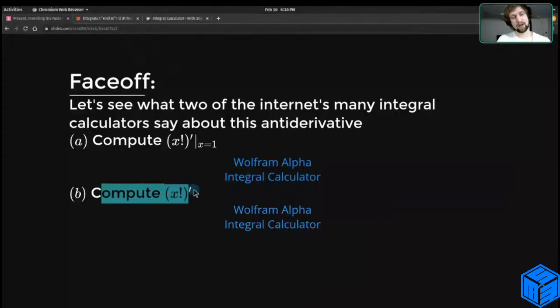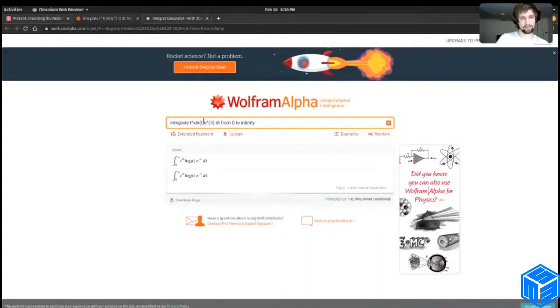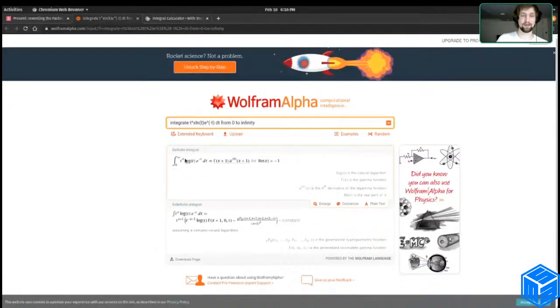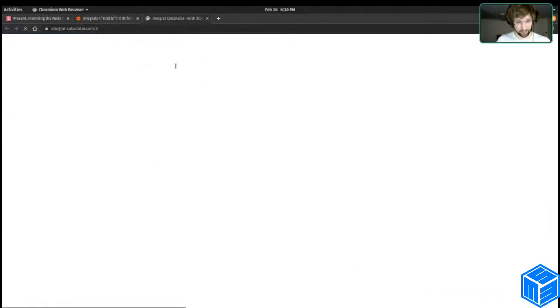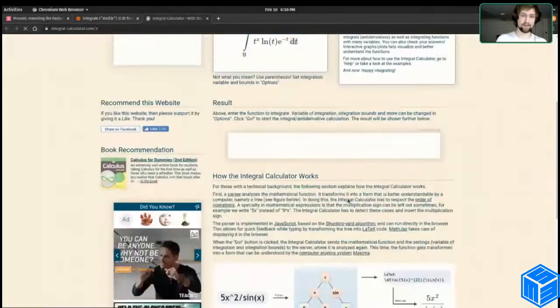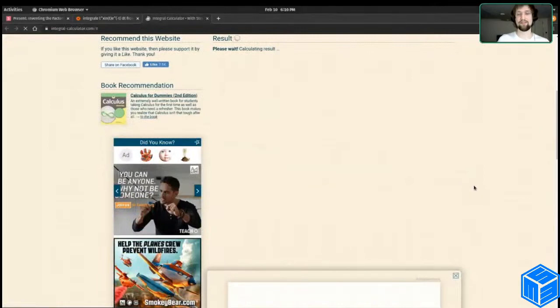And so if we want to compute the general antiderivative of this, say t to the x, without fixing x, to see the slope at 1, we see Wolfram Alpha gives us this very, very strange answer, which I don't really know how to interpret. And Integral Calculator also does not fare very well.